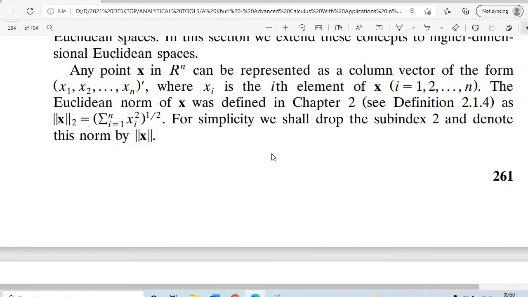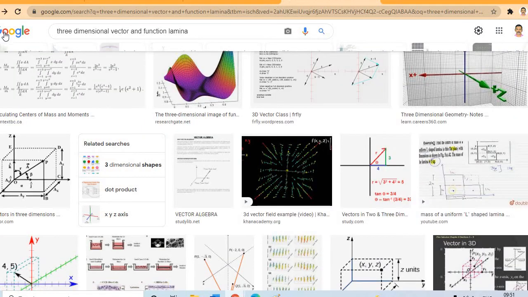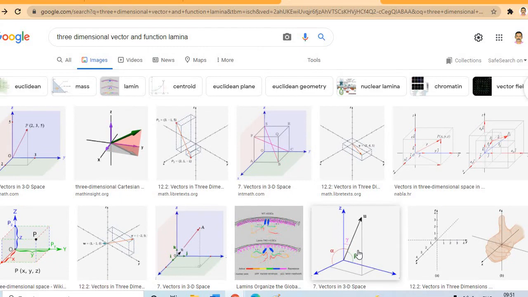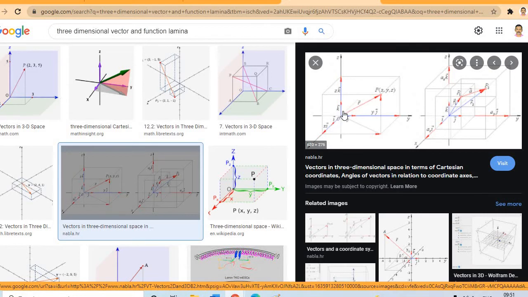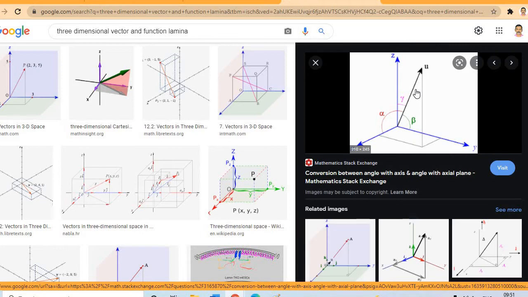Okay, so we will consider some basic definitions. In this figure you can see this is the x-axis, y-axis and z-axis, and this is the point under consideration.